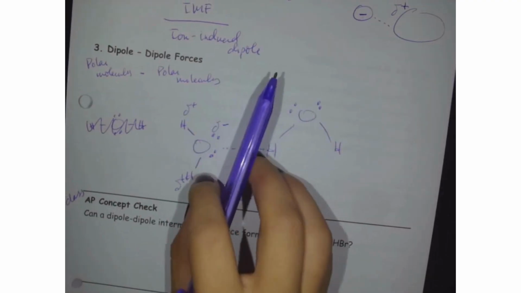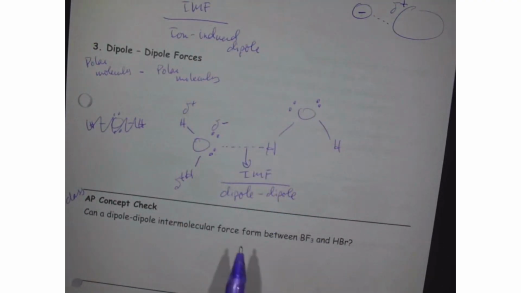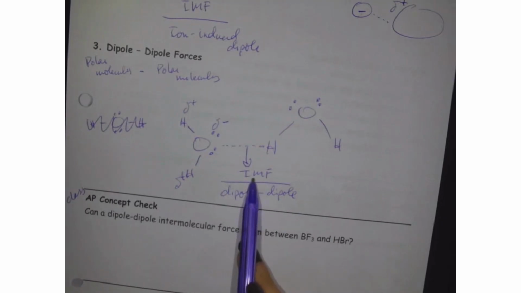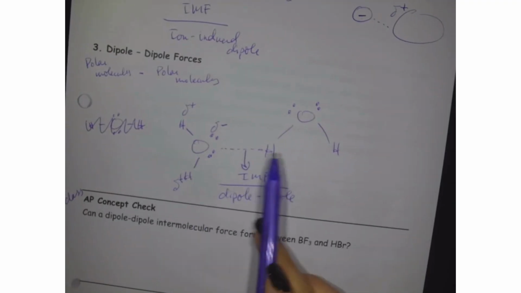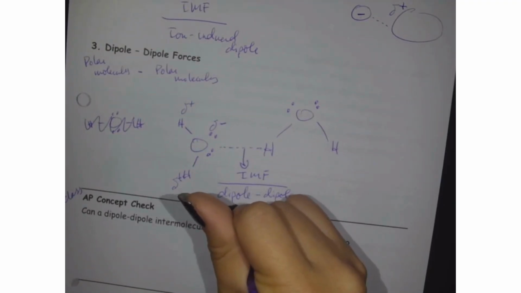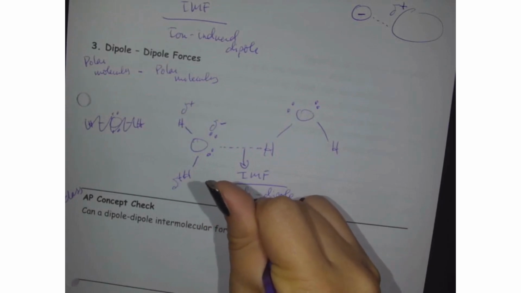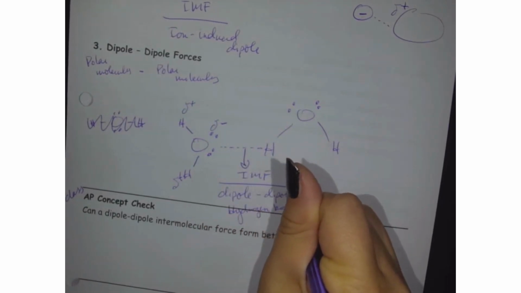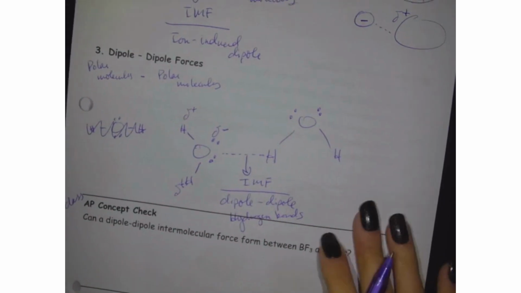So this absolutely meets the criteria for hydrogen bonding as well. There's more than one type of IMF between these molecules. One of them is dipole-dipole, and the other one is hydrogen bonds.